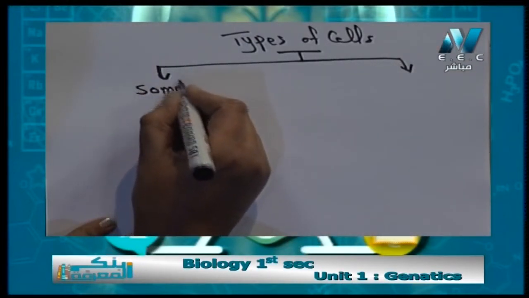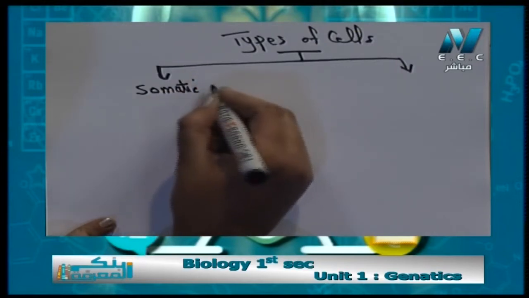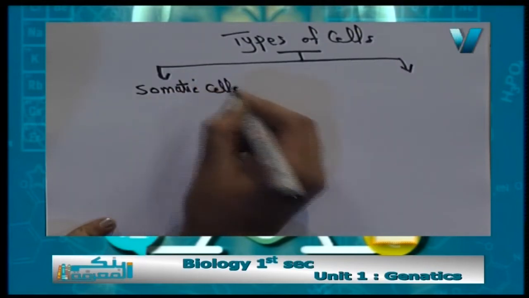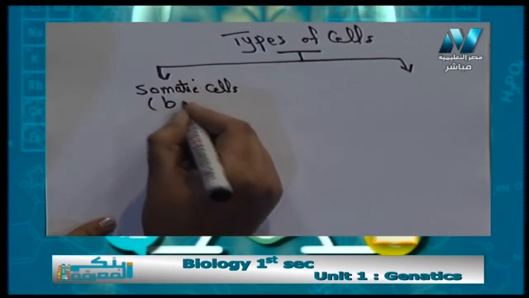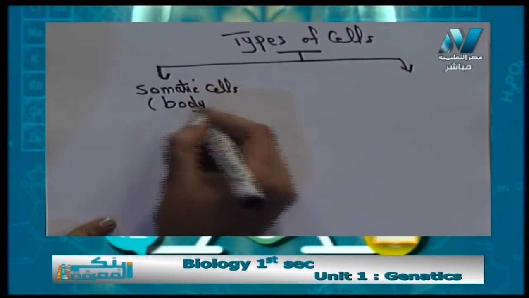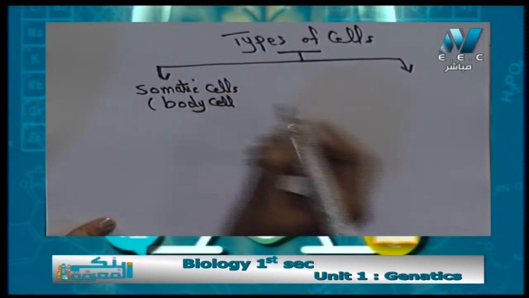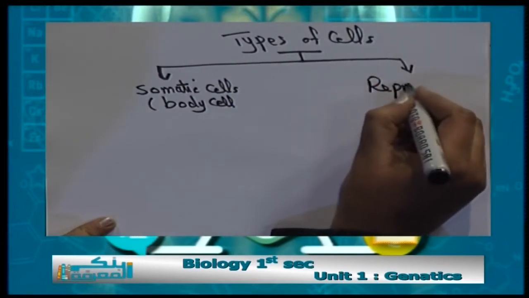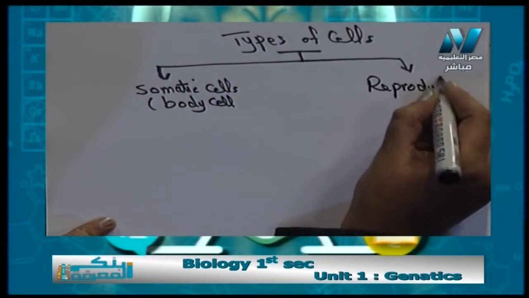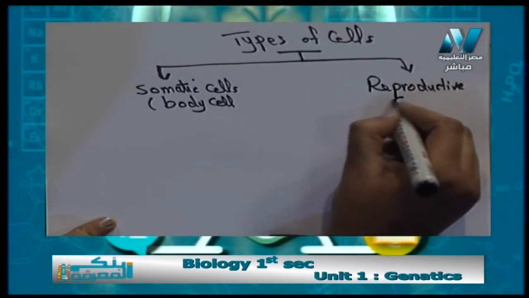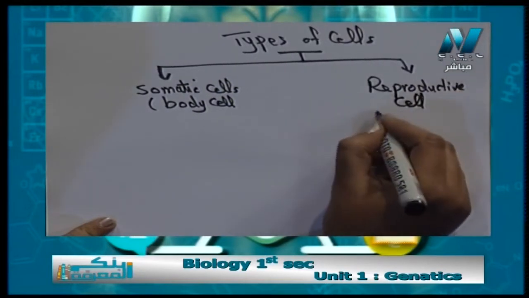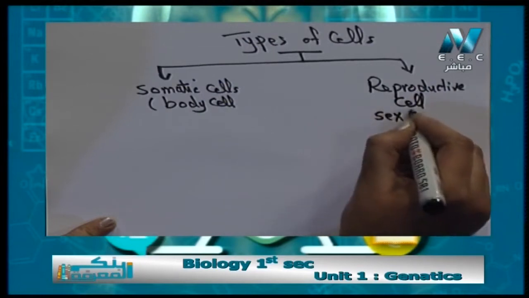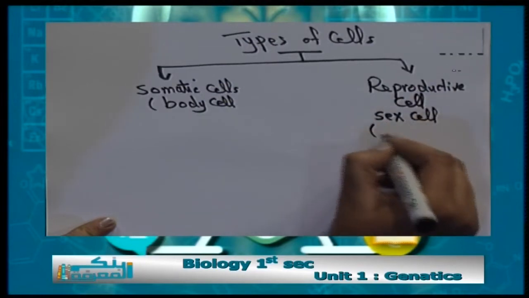Somatic cells, or body cell. Another type, reproductive cell. We call it sex cell or gametes.